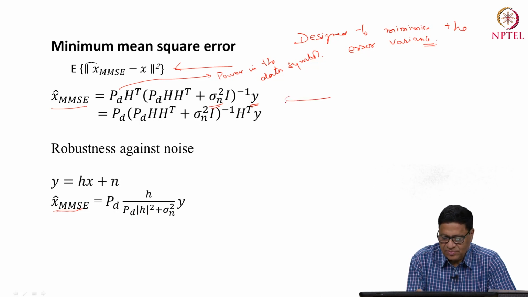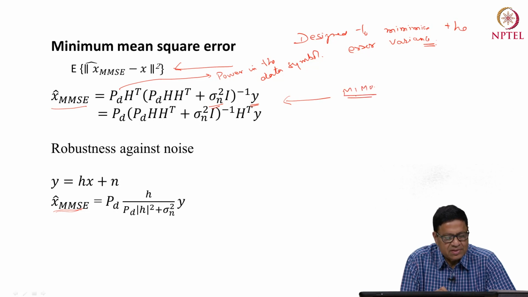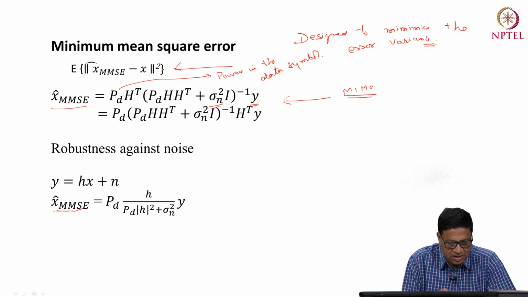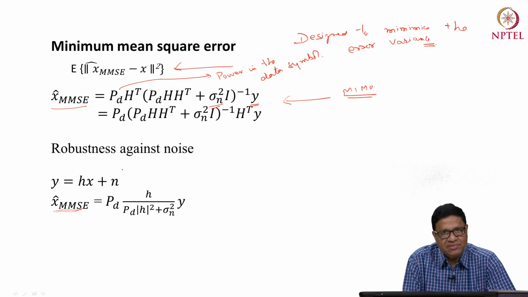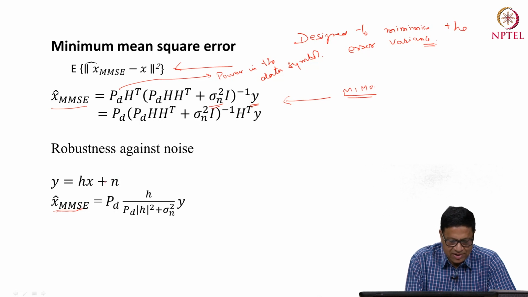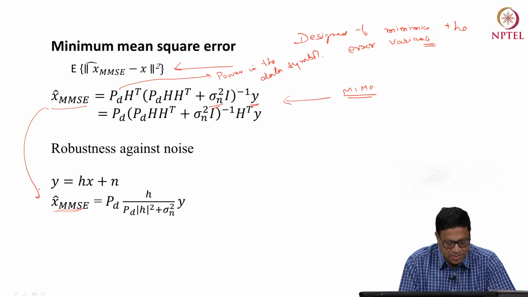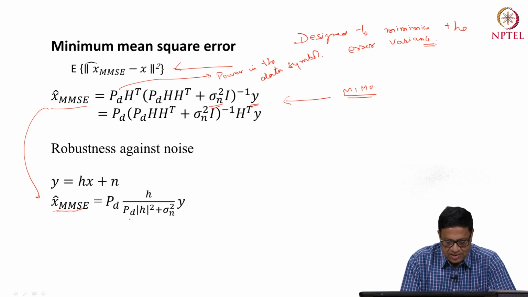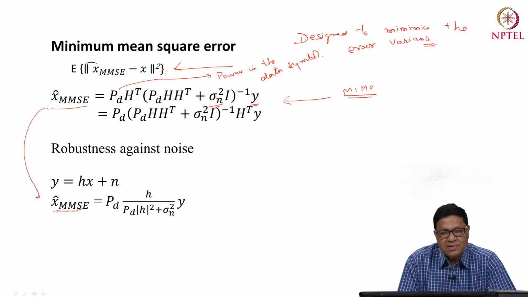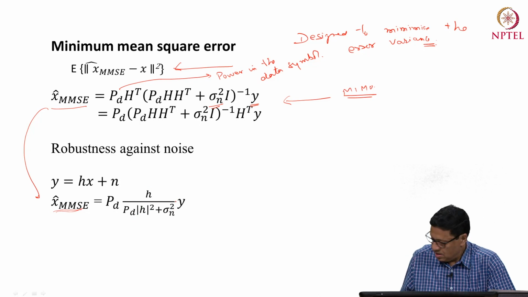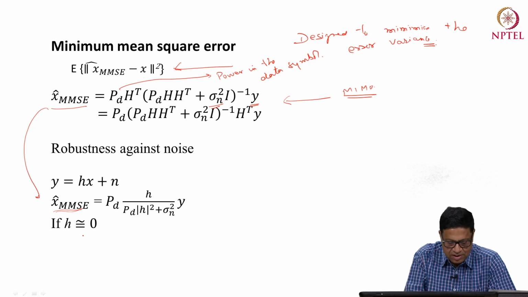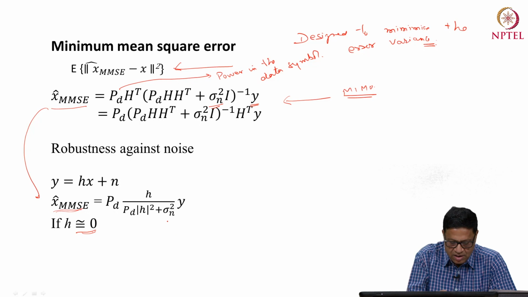This is a case of a MIMO system, but I am trying to explain this robustness against noise using a SISO system, where I have assumed there is one transmitter and one receiver, defined by Y equal to Hx plus N. Then this expression for X estimate MMSE reduces to PD H over PD mod H square plus sigma square, times Y. Now, if H is tending to 0 or equal to 0, this quantity will be 0.